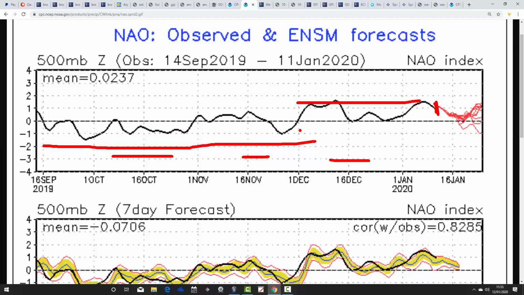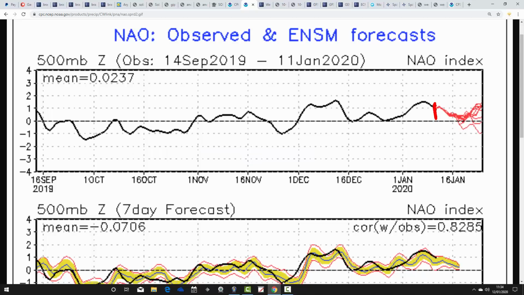Since the start of December, though, we've had a positive NAO. This is exactly what happened last winter as well. Virtually on the first day of winter, the NAO goes positive, and it's still there. So that's where we are with the NAO right now, in positive territory. Nowhere near as positive as the AO is, but nevertheless, it's a positive NAO month and winter so far.